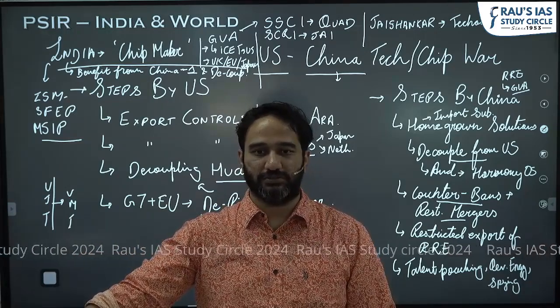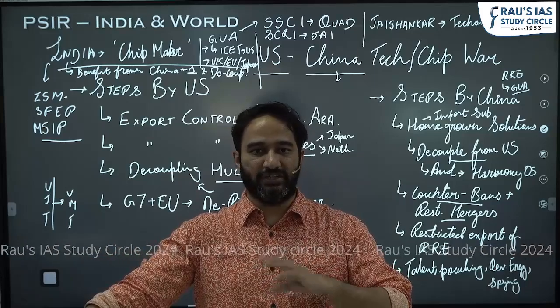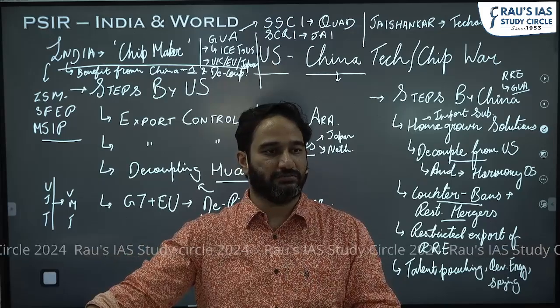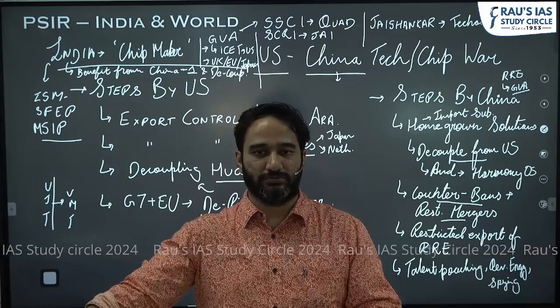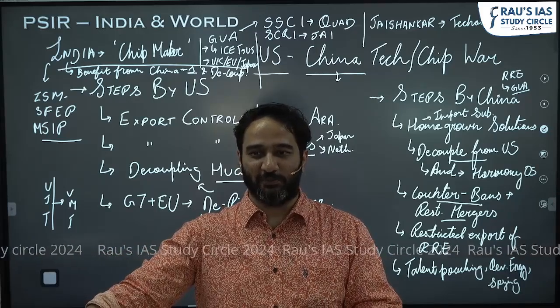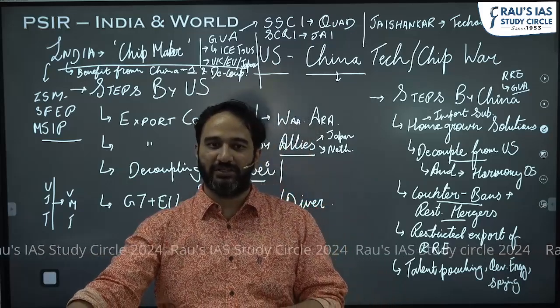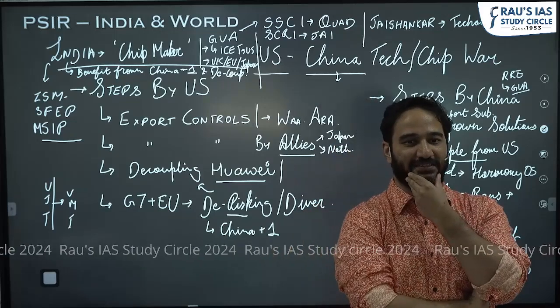Any doubts on this? So we've talked about the steps taken by the US and China, the various theories and thinkers you can bring in here. And lastly, India. You have written a lot more in comparison to what the word limit would be on these type of questions. Any doubts? Okay.